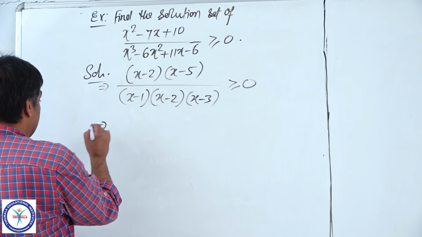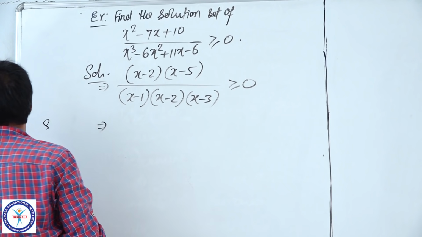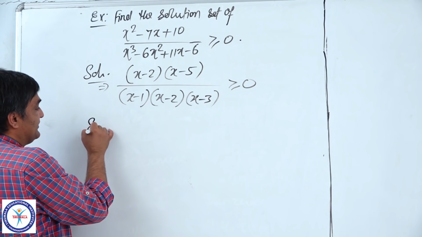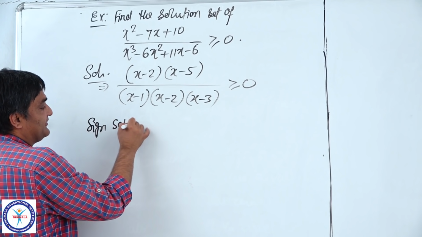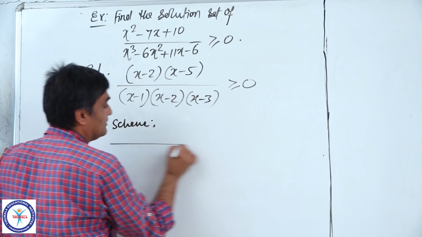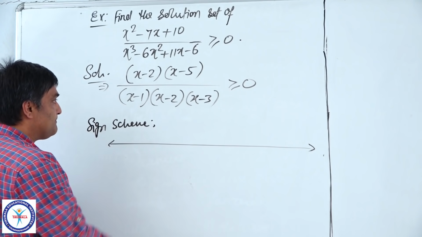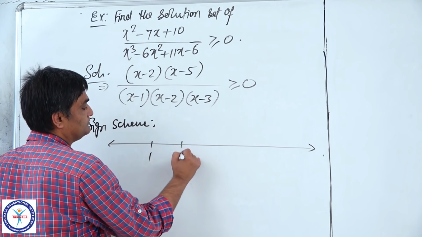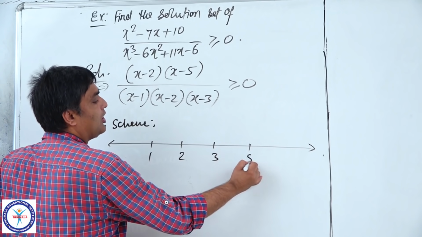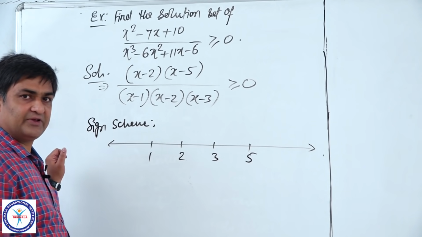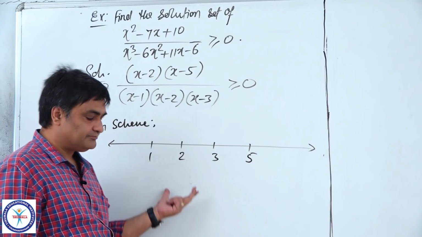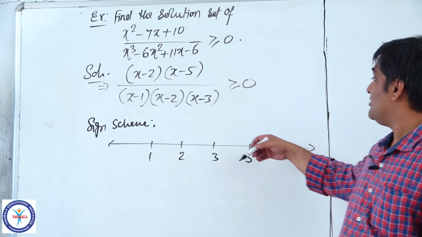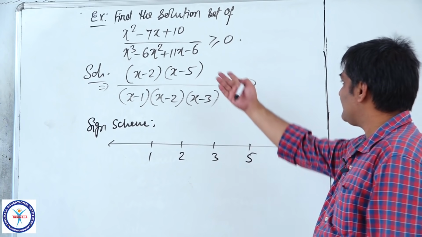Just write the sign scheme for this expression first. Zeros on the number line. Now, I am not writing the frequencies, just keep in mind that we put any value of x, say x equal to 8.